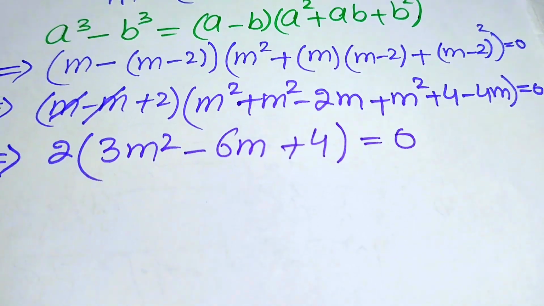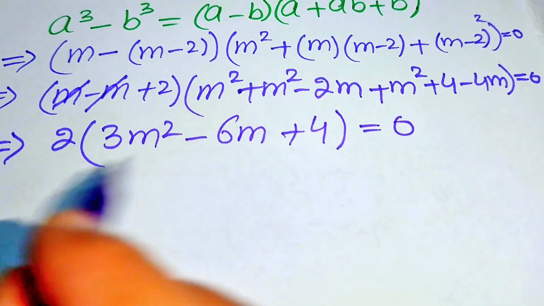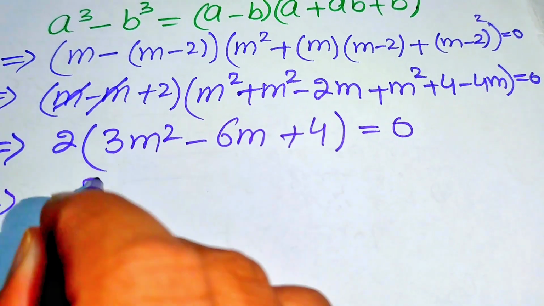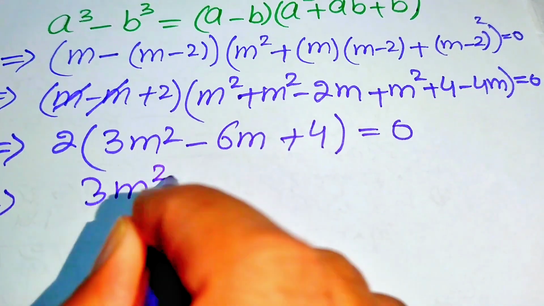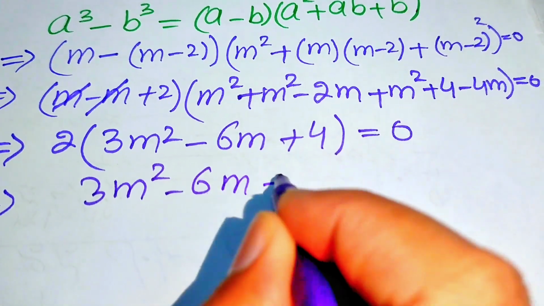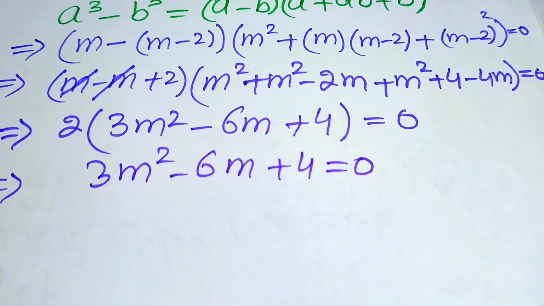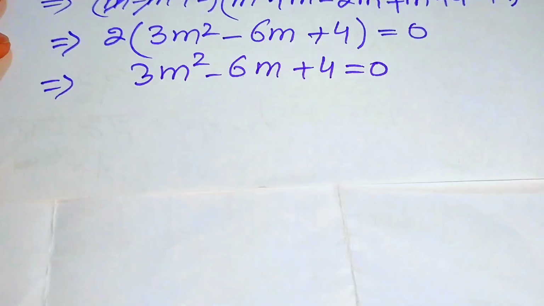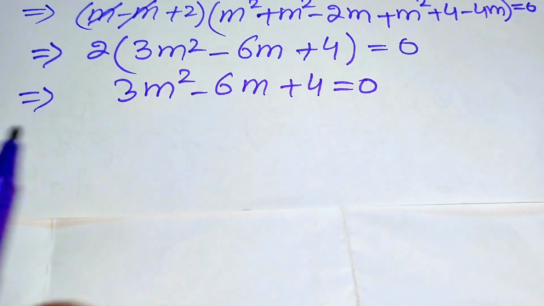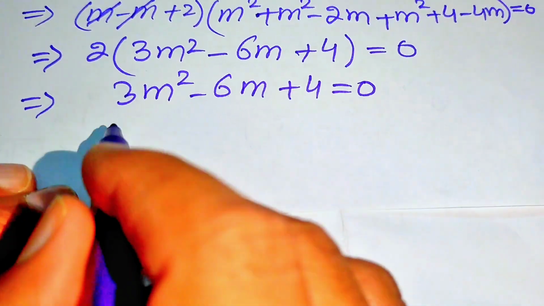So in the next step, here we move this 2 to the right hand side, and it will become 0, and we obtain 3m squared minus 6m plus 4 equals 0. This is a nice quadratic equation. So we solve this equation by using the quadratic formula.